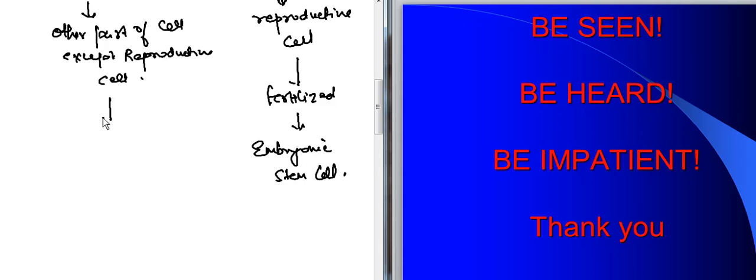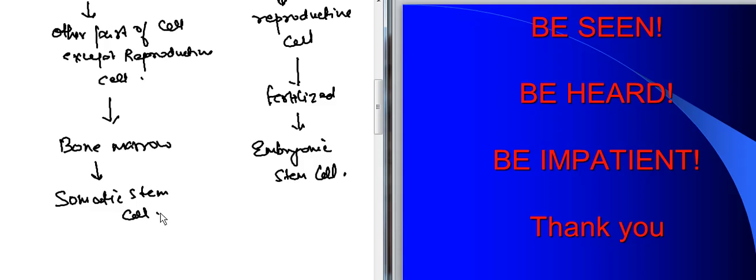And we have another type of cells which are present in bone marrow, which are also stem cells. They are called somatic stem cells. These have a tendency to form all types of cells, but these are specific cells.